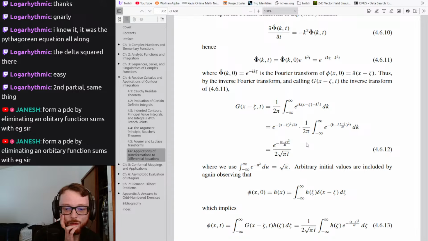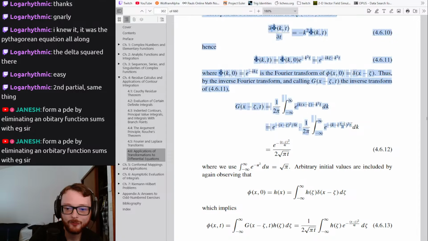Okay, I don't want to do this algebra. But I think I could do this algebra if I wanted to, and that's good enough for me. Because I think all they've done here is they took the exponent, they completed the square, and the constant term with respect to k got shoved out in front.